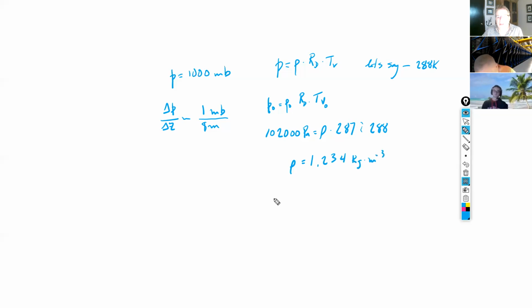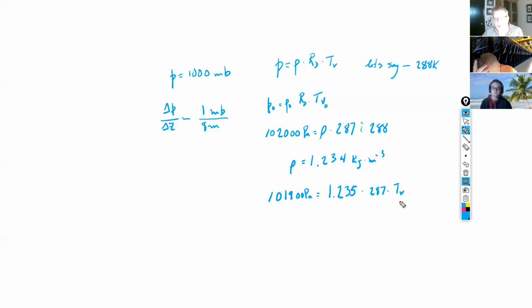Now let's go up 1 millibar, 8 meters. So we have 101,900 pascals, which will equal, now we have to have a density that is more dense. So instead of 1.234, let's use 1.235, just for the hell of it, times 287 times whatever this virtual temperature is.